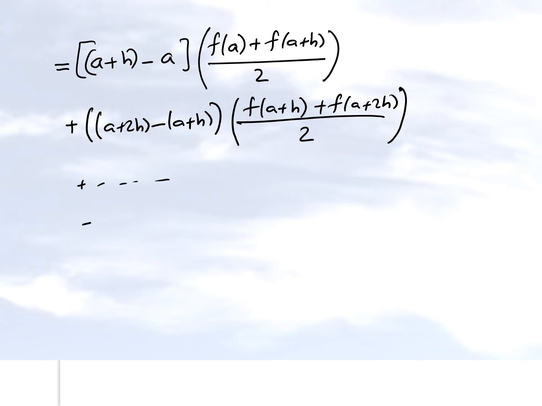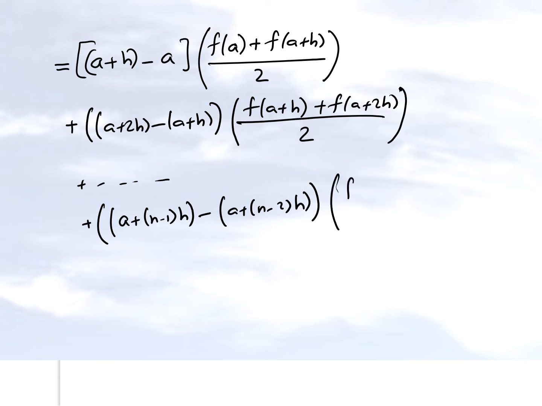Then when we go to the second last integral, we'll get a plus (n minus 1)h, that's the upper limit. The lower limit is this, and it'll be the value of the function at the lower limit plus the value of the function at the upper limit.